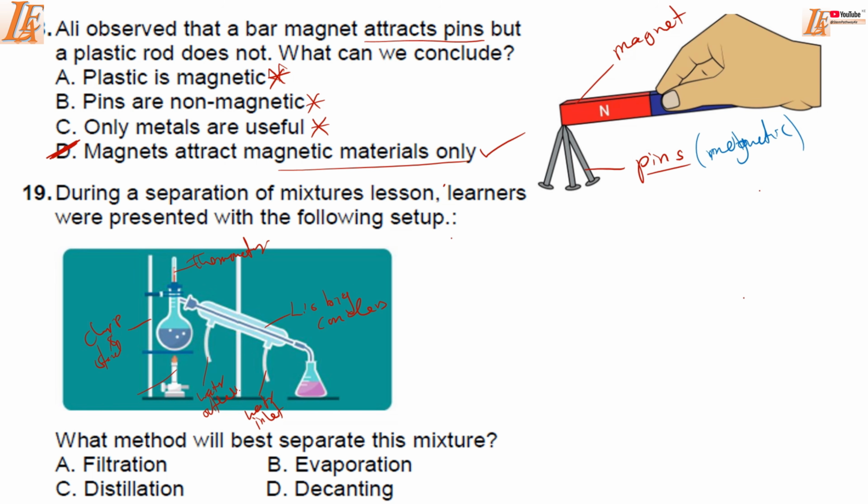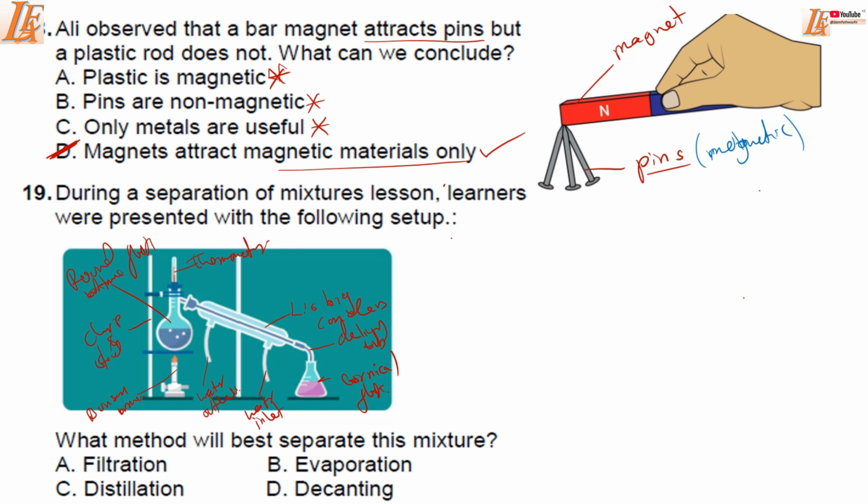Then we have a Bunsen burner. Then of course we have a round bottomed flask. It's very important for you to know these things. Then we have a delivery tube. This is a delivery tube. Then we have a conical flask. So this is the setup that we have.